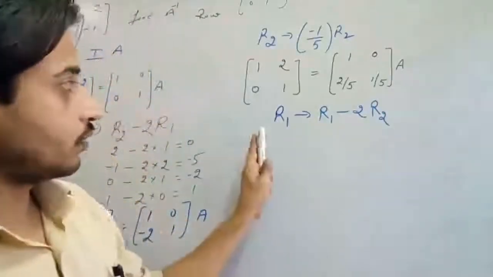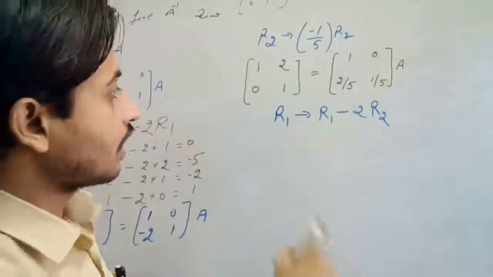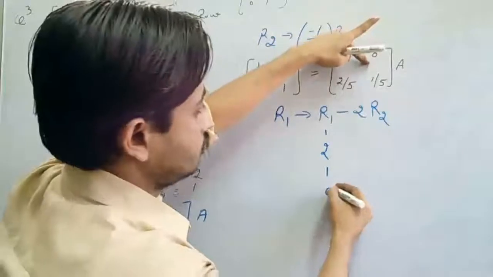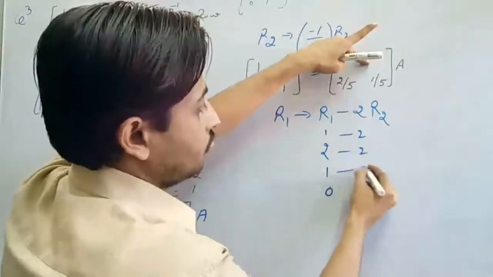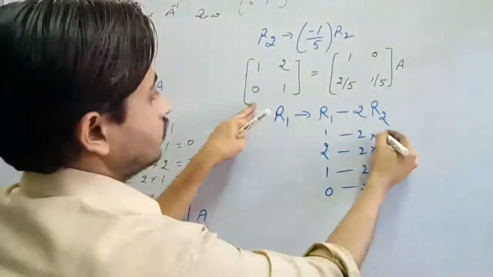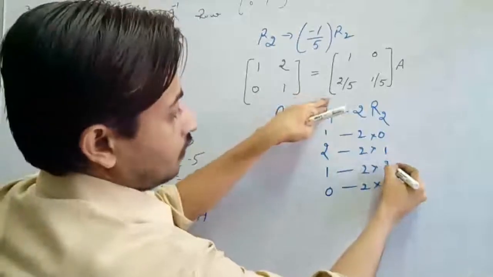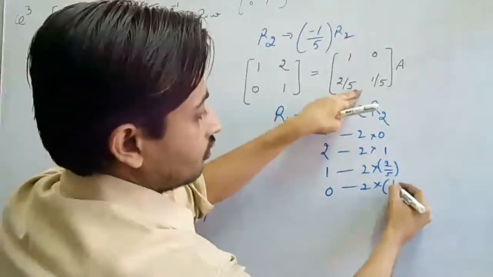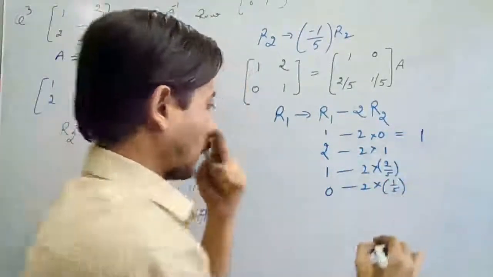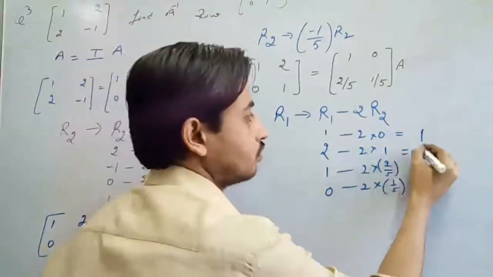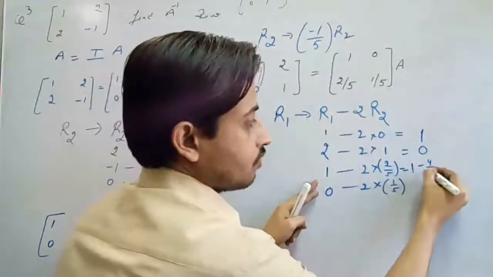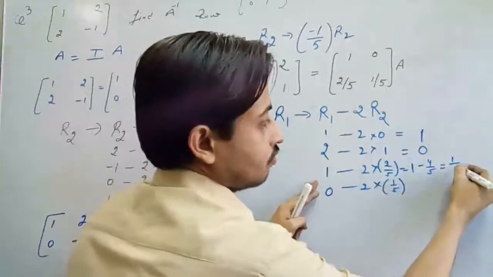Now please look. We are going to apply R1 minus 2 into R2. Now solve this. R1 is 1, 2, 1, 0, and R2 is 0, 1, 2 by 5, 1 by 5. 2 into 0, 0, 1 minus 0, 1. 2 into 1, 2, 2 minus 2, 0. 1 minus 2 into 2 by 5, if you solve that, we get 1 by 5.